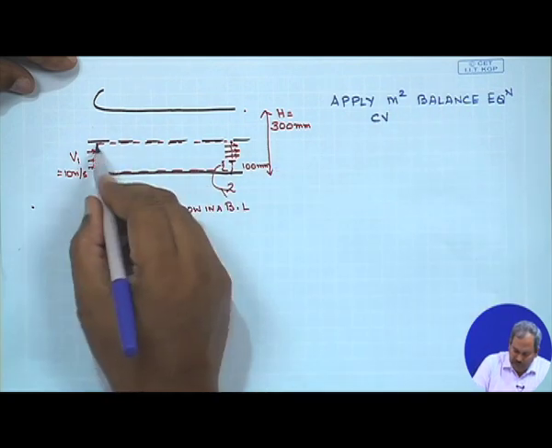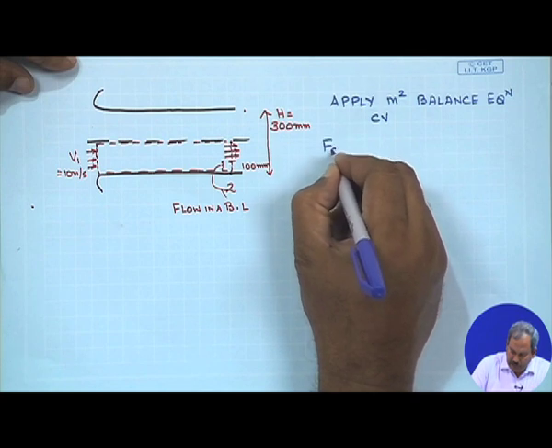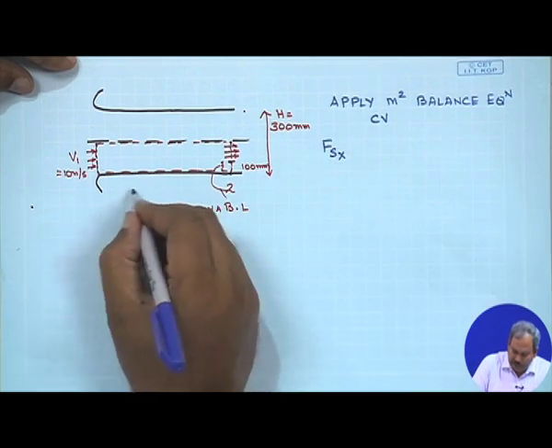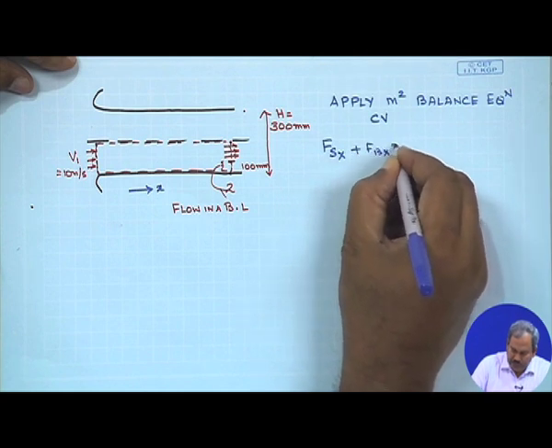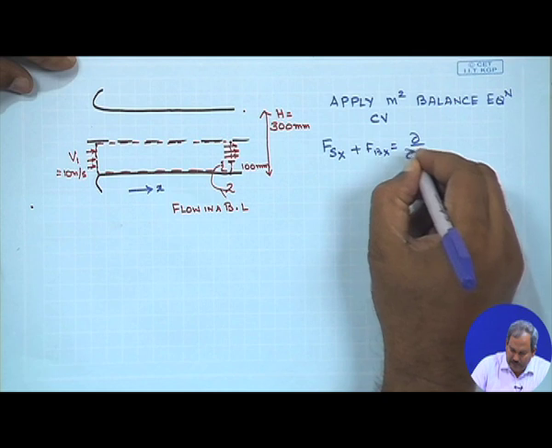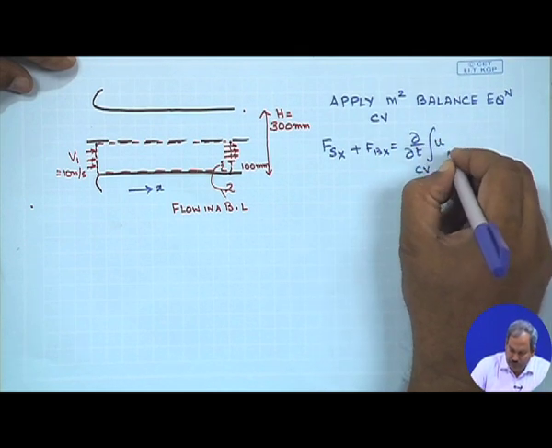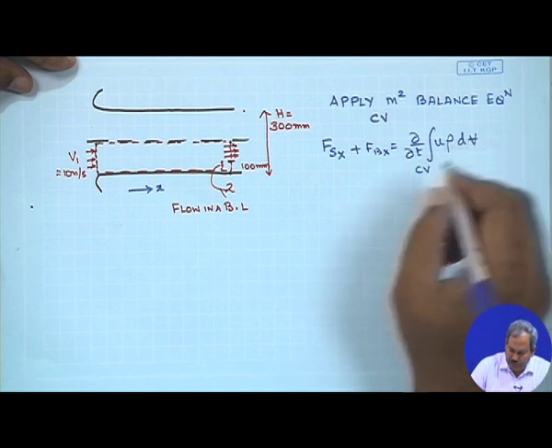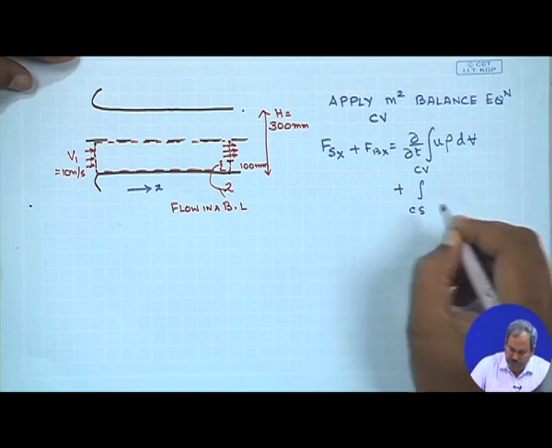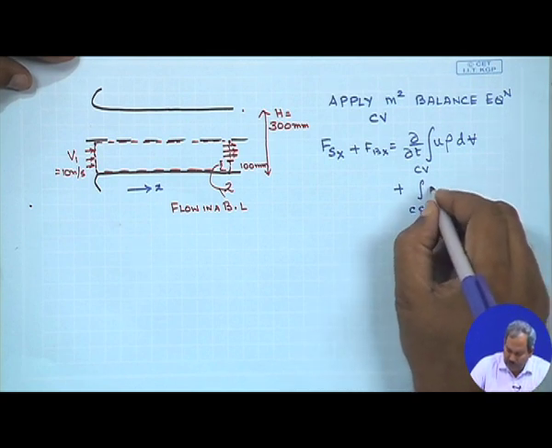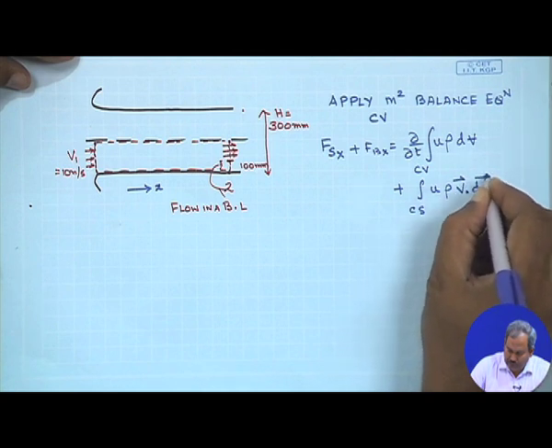on this control volume, this control volume is this much, then what I am going to have is Fsx, this is my x direction, plus Fbx is equal to del by del t of the integral over the control volume of u rho dV, plus through the control surfaces there would be the integral of u rho V vector dot dA, where dA is the area vector.